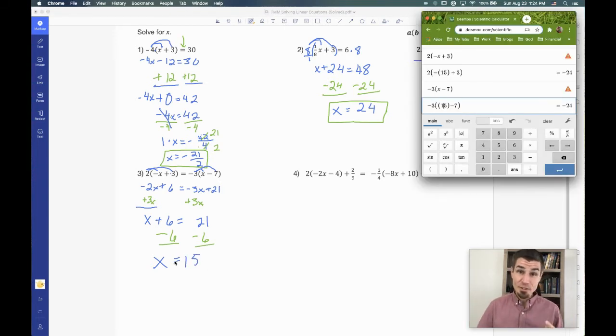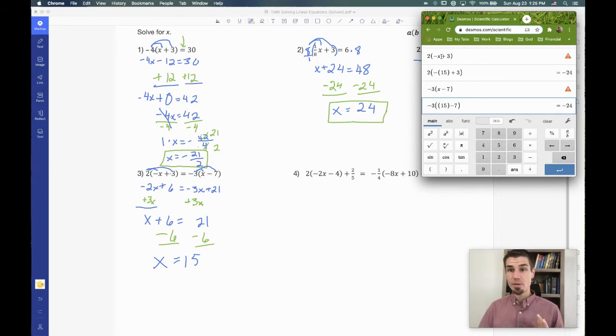When we substitute 15 into the original equation, does it make it a true statement? Does this side really equal the exact same thing as the other? So we want to check what this side ends up being equal to after we plug in 15, and what this side is equal to after we plug in 15.